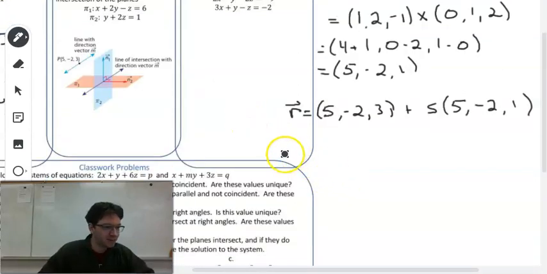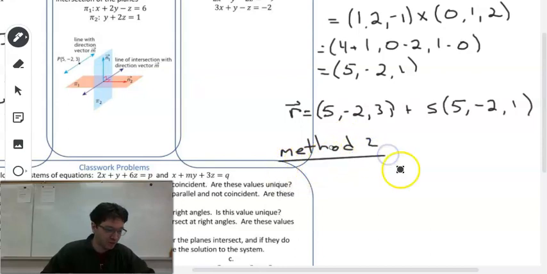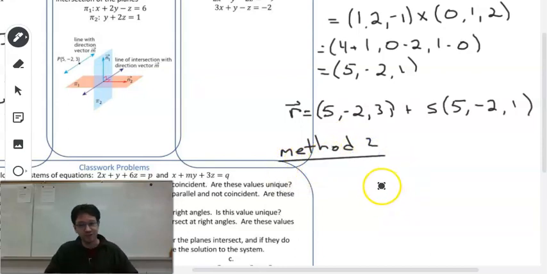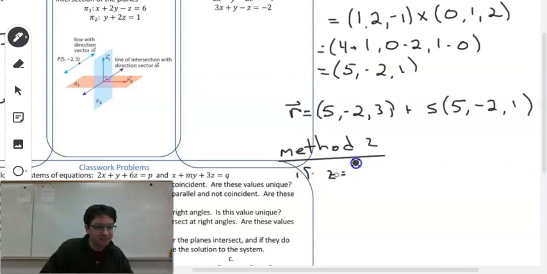Alright, so now let's look at method 2. How can we get this with a different method? Method 2 is very similar to the first question that we did. What we can do is first find that line of intersection. So let's say, if Z equals T, then let's look at pi 2.